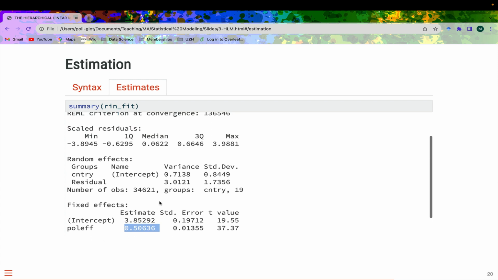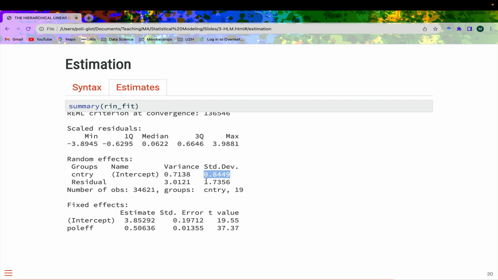So more efficacious people indeed are more trusting of other people. And then we have some country level standard deviation. We expect that to be more or less the same as it was in the random effects ANOVA because we haven't really changed anything that can account for the intercept variation.